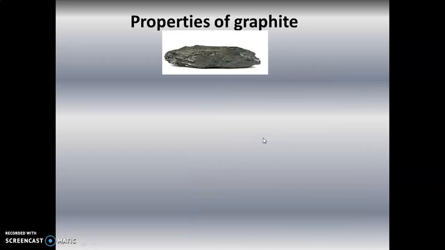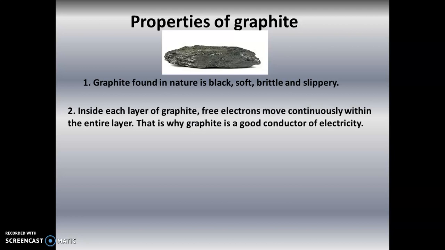Now coming to the properties of graphite. Graphite found in nature is black, soft, brittle and slippery. So the color is black, it is soft, it is very easily breakable, that is brittle, and slippery. If you touch graphite with your hand, you will find a soapy touch, that is slippery.